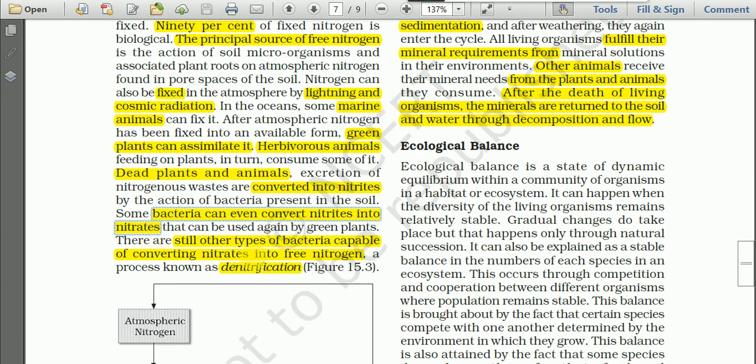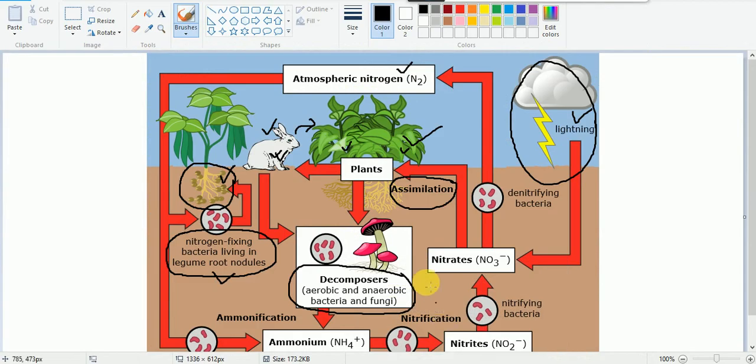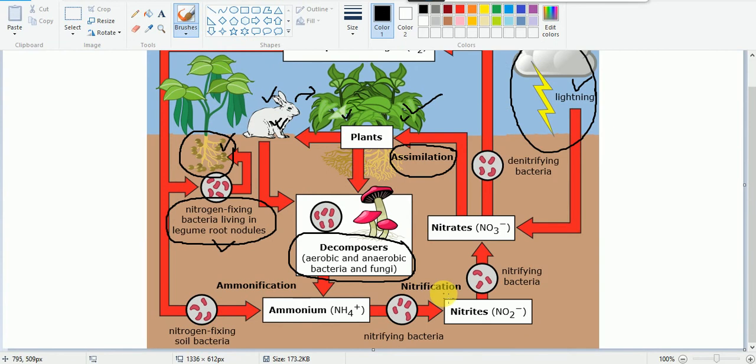We have some more bacteria which can convert nitrite into nitrates, and that can be used again by the green plants.